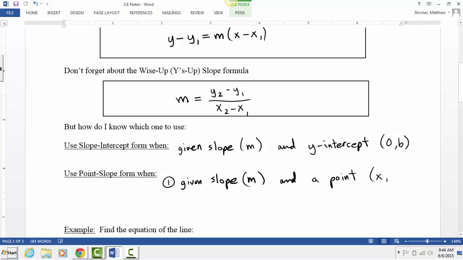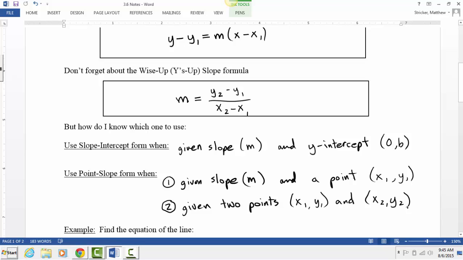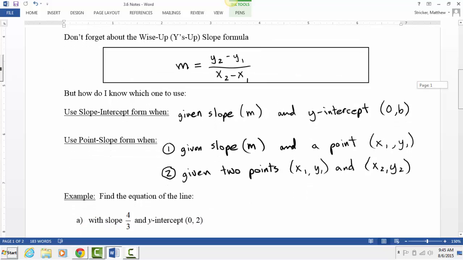We'll call it x1, y1. But the second scenario where you might want to use this form is if you're given 2 points. Call the first point or ordered pair x1, y1, and a second point x2, y2.